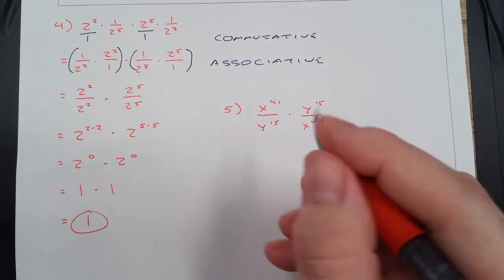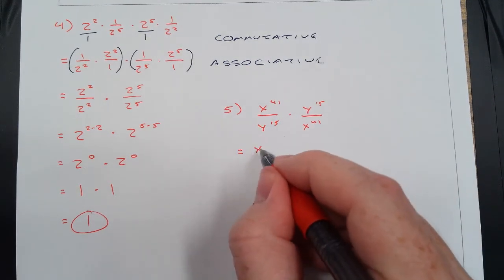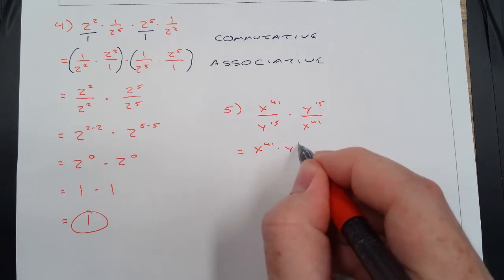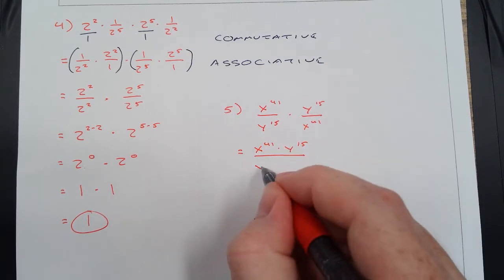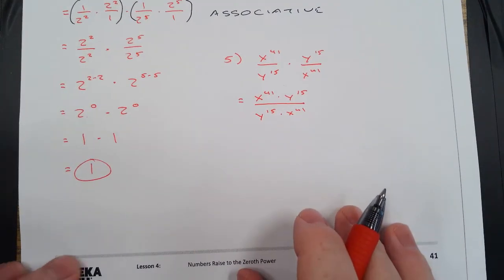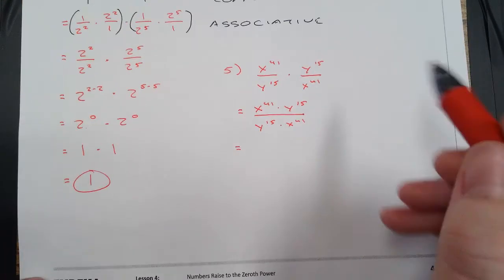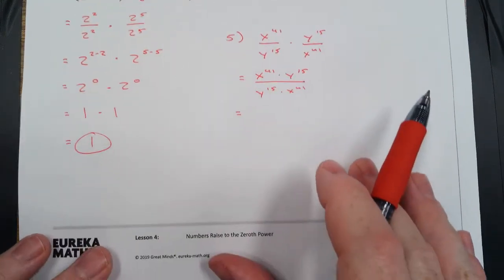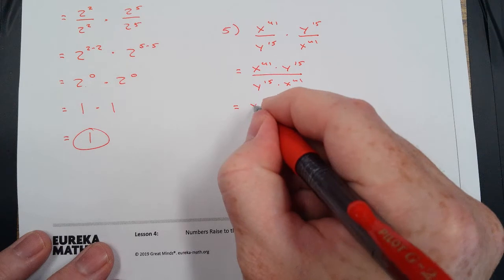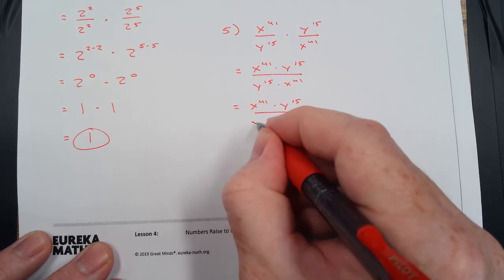Now, hopefully you know that I just multiply straight across, so I get x to the 41st times y to the 15th, and I get y to the 15th times x to the 41st. Now I'm going to use that commutative property again right here, and I'm going to put the x's on top of each other and the y's on top of each other.